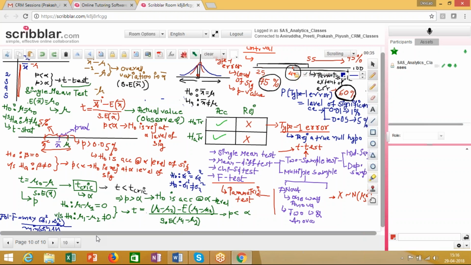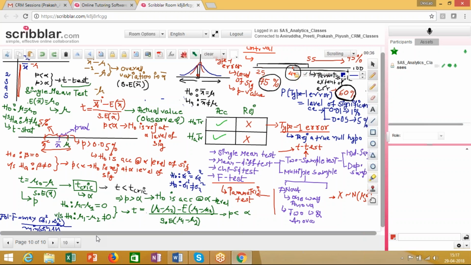So once the folded test is done, then we go into this mean difference test, right? Which is done using the t-test. Now when we talk about this mean difference test and this t-test, what do you think should be the basic characteristics of a t-test? The first and the most important characteristic that a t-test has is normality.